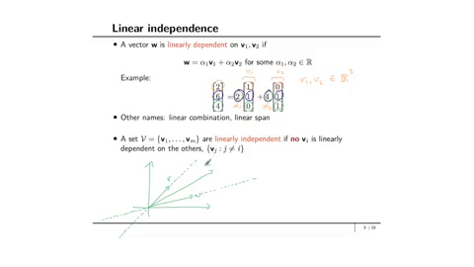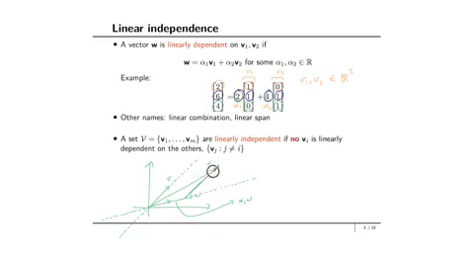It's again a vector in R2, and I want to ask myself, is this linearly independent of v and w? Is it possible that x cannot be written as a linear combination of v and w? Again, it's very easy to convince yourself that if you draw a line parallel to v, you can write your vector x as a combination of a vector that starts from the origin, is aligned to the vector w, and comes up to this point. So this vector is some alpha 1 times w.